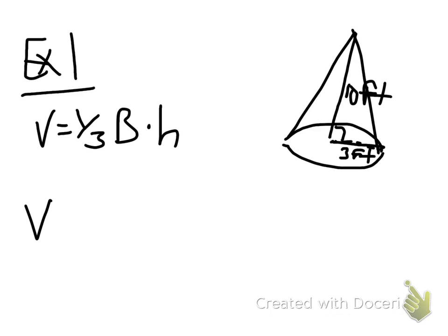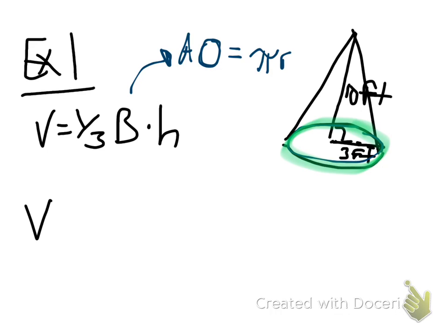What are we going to plug in for our base area? Our base is a circle, so the area of a circle, remember, is pi r squared. The area of our circle equals pi times 3 squared, that is 9 pi.